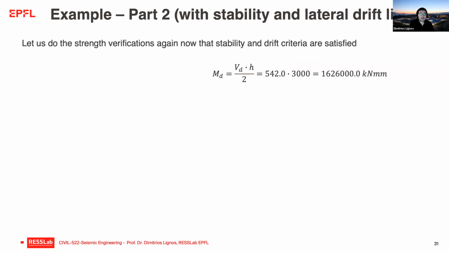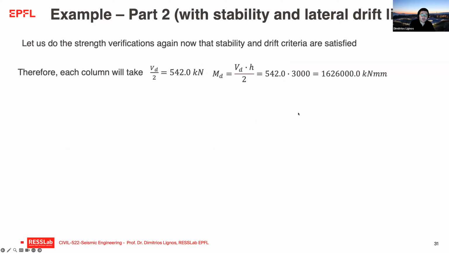Now, let us do again the strength verification so that we can see if anything changed. So each column is going to sustain VD over 2, so that's 542 kilonewton. Notice the increase in the corresponding demand. And MD is 1,626,000 kilonewton millimeters.